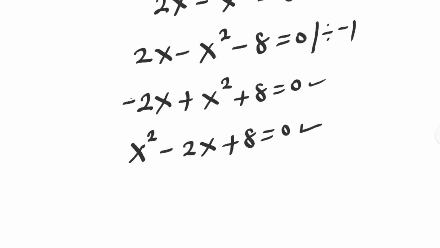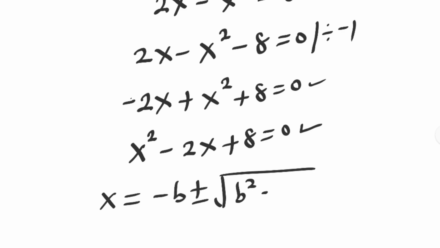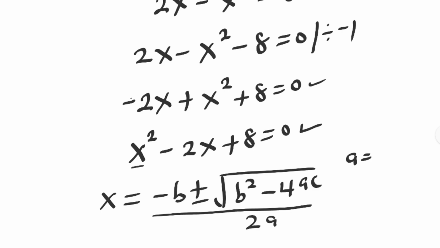And the quadratic general formula is given as x is equal to minus b plus or minus square root of b squared minus 4ac all over 2a. Then from this equation, the coefficient of x squared here is 1. That is, a is equal to 1. Then the coefficient of x here is minus 2. b is equal to minus 2.